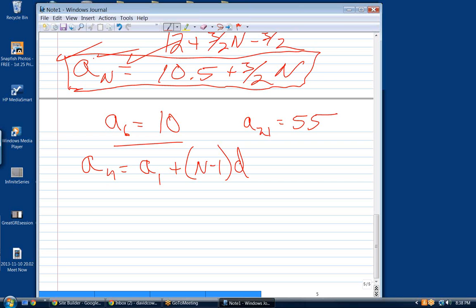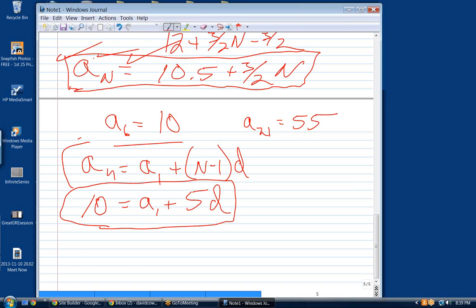So what that means is that when n is 6, this term is 10. So I can fill in 10 and 6 for n, so that becomes 5d. So I can write that much of an equation based strictly on that.